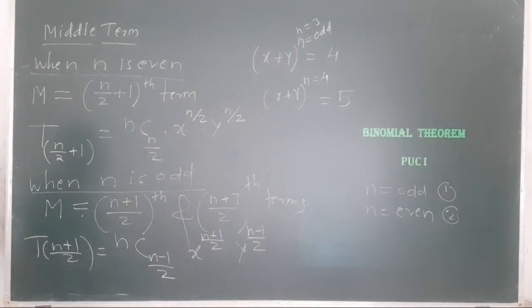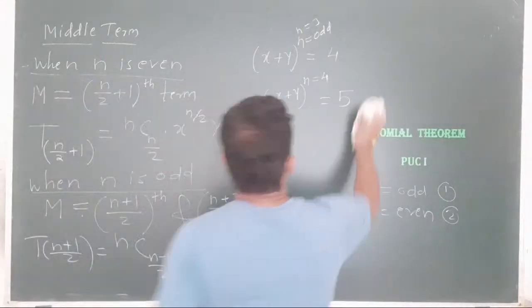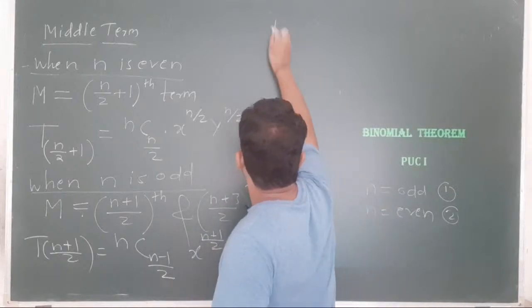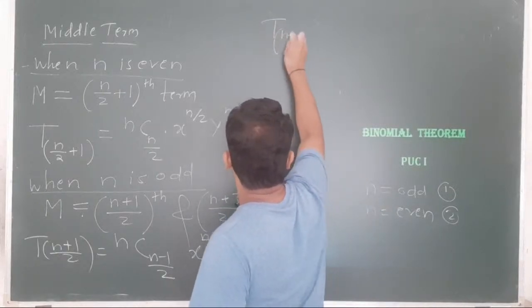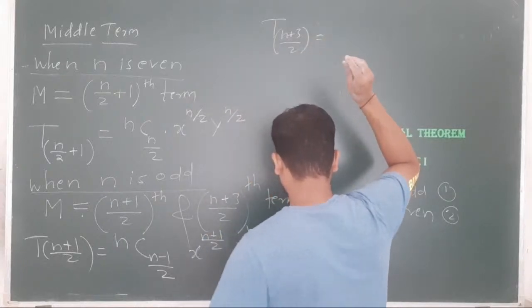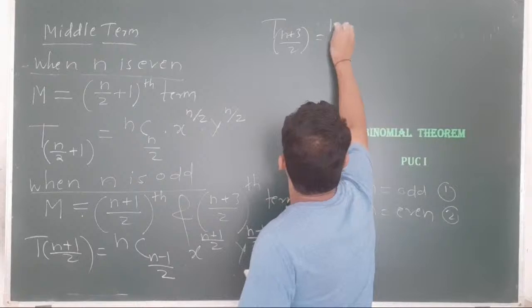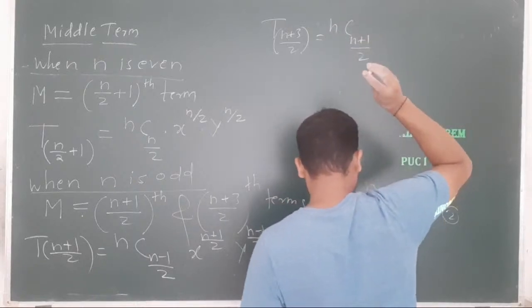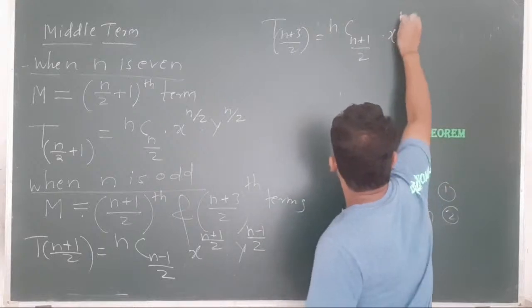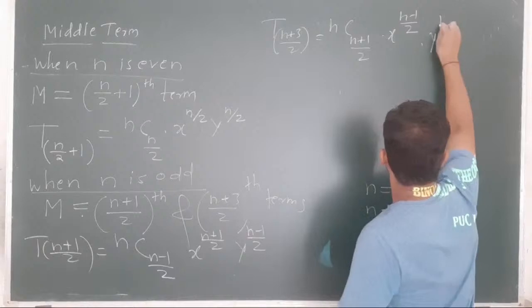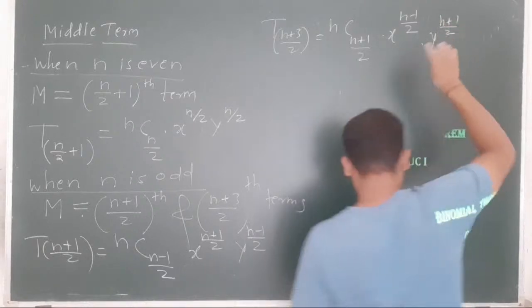This is one result. And another result for the other middle term, T of n plus 3 upon 2, can be written as nC n plus 1 upon 2 into x to the power n minus 1 upon 2 into y to the power n plus 1 upon 2.